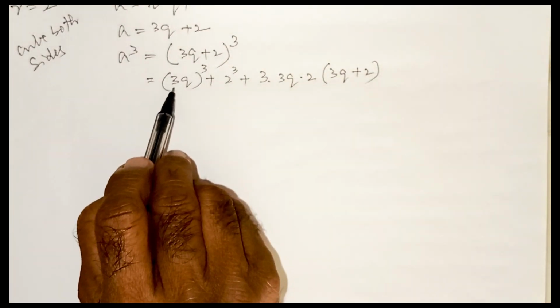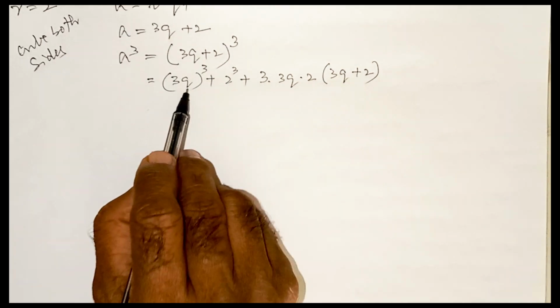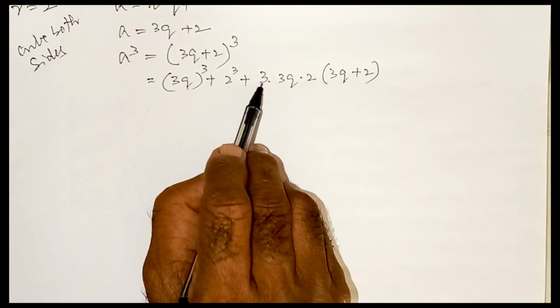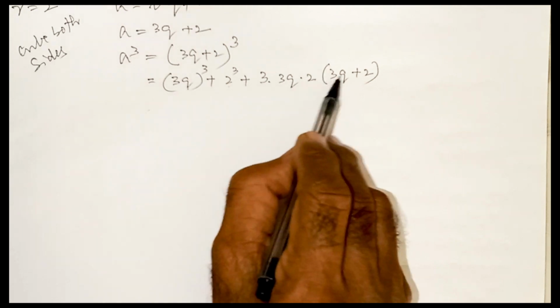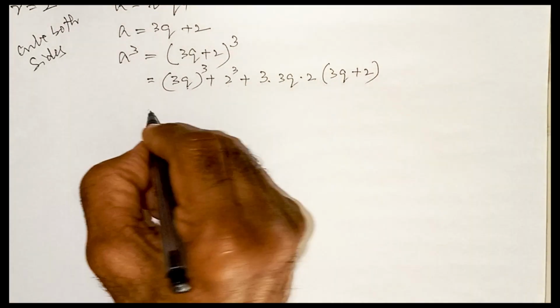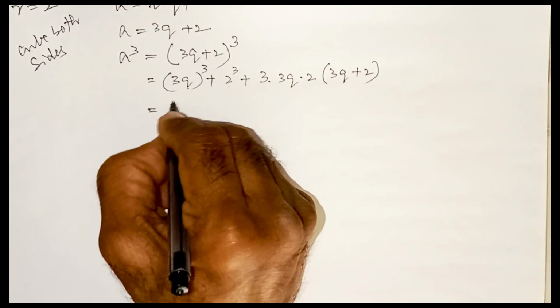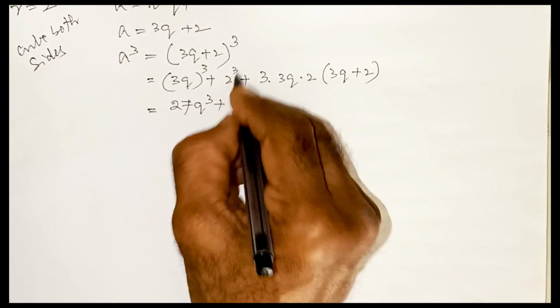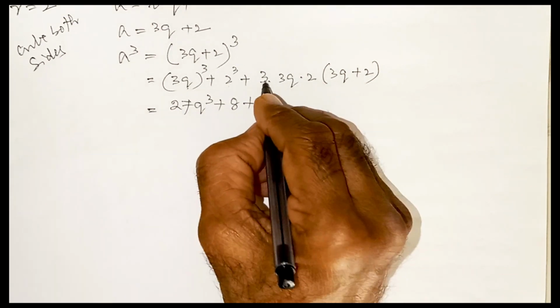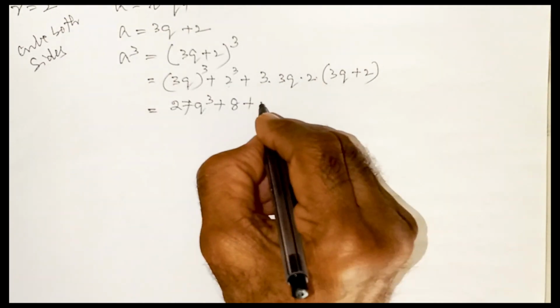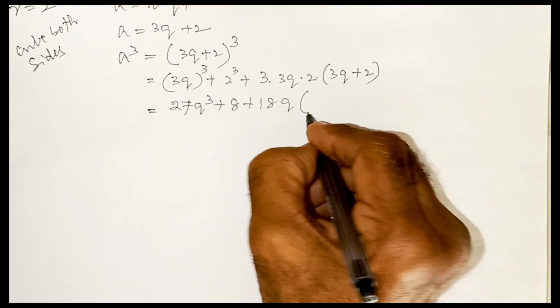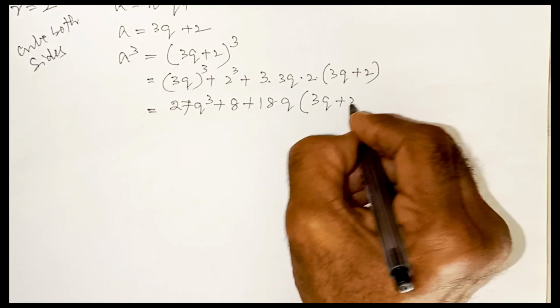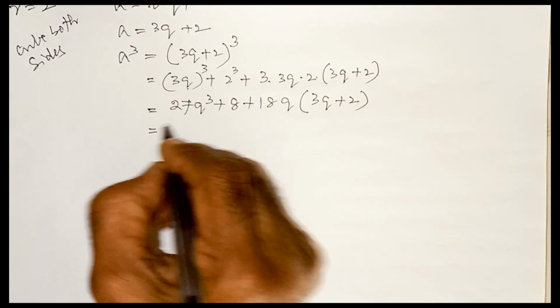This follows a plus b whole cube equals a cube plus b cube plus 3ab into a plus b. When you simplify, you get 27q cube plus 2 to the 3 is 8, plus 3 times 3 is 9, 9 into 2 is 18q, times 3q plus 2 written as it is.